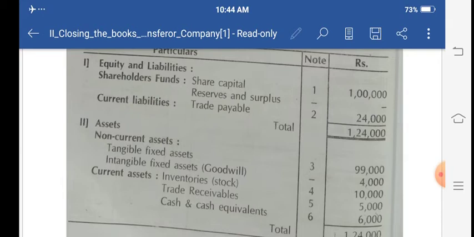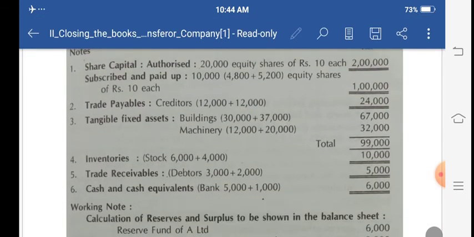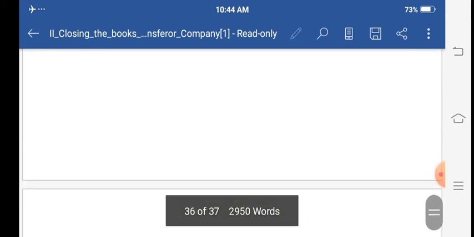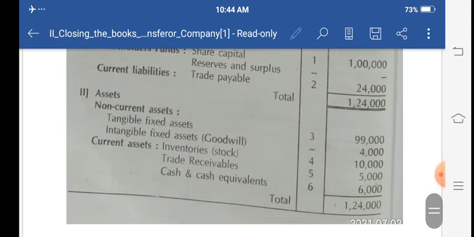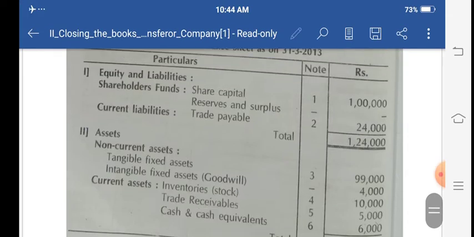A's trade payable and B's trade payable, 12,000 plus 12,000, it's 24,000. See here, note number 2, trade payables, creditors 12,000 from A Limited, 12,000 from B Limited. The total is 24,000. Next, the total of the equity and liabilities: 1 lakh plus 24,000, it's 1 lakh 24,000.